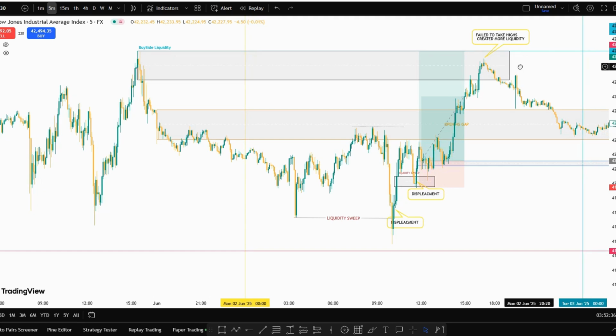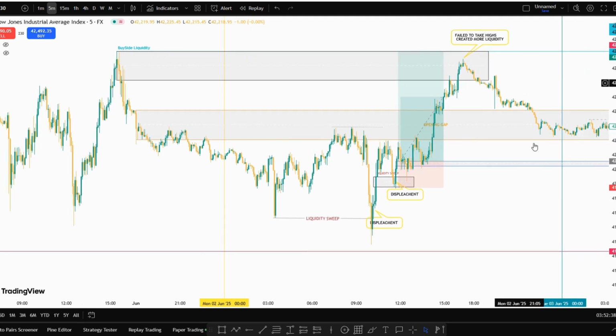Right, so as price moved on, you can see Monday's closure was back, so it traded into the bearish order block, and then price moved back into our opening gap and closed for Monday, right?